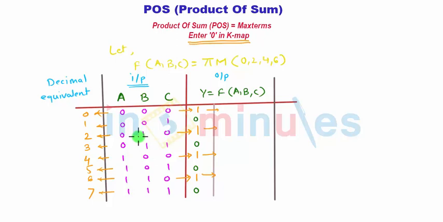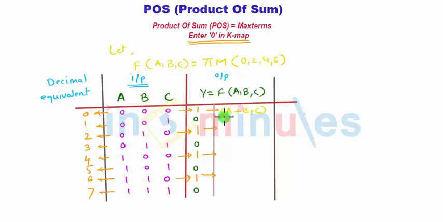Let us go one by one. First combination, 0th max term, all three inputs a, b, c are 0, so I will put them as it is. Since I need to enter 0 in the K-map, I will put a, b, c as it is, and I will sum them. This is my first sum.